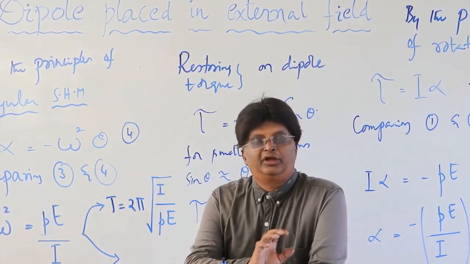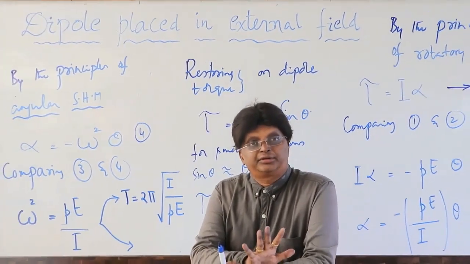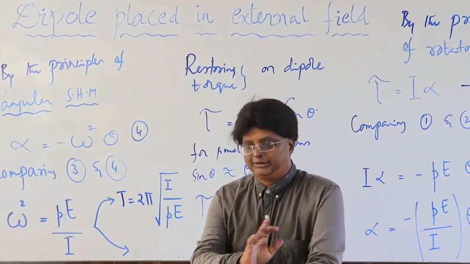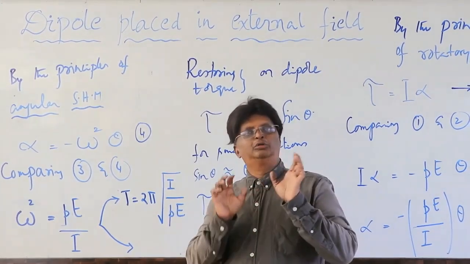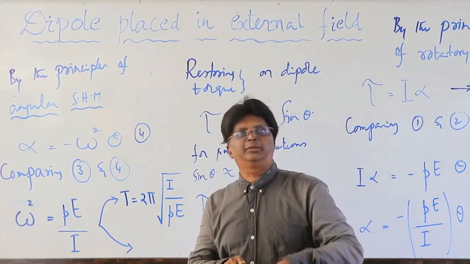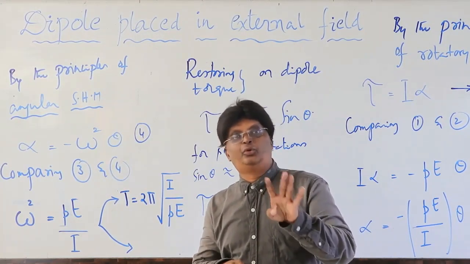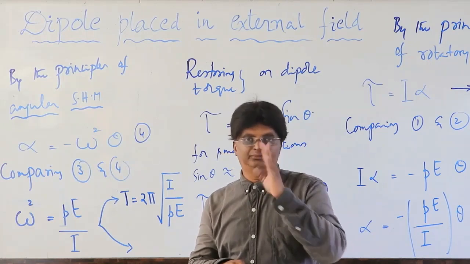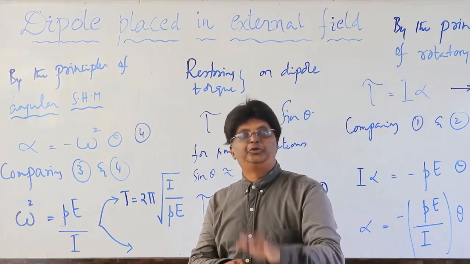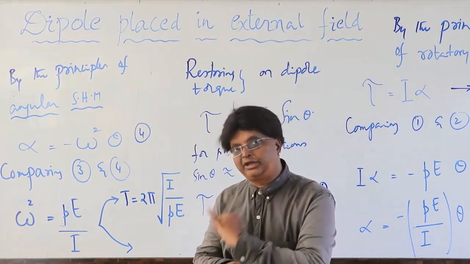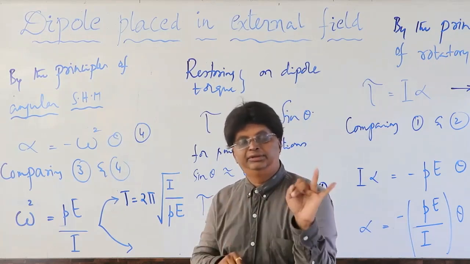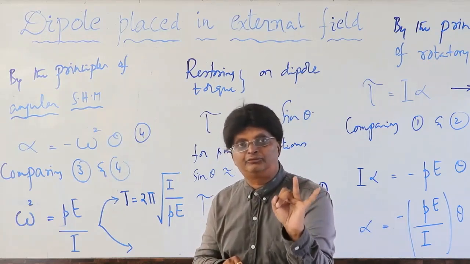So this was about our topic of electric dipole in electric field. How do you look at this? For board examination, you have 3 to 4 questions and answers for 3 marks and 5 marks. To begin with, torque experienced by the dipole. Second, the potential energy of the dipole.